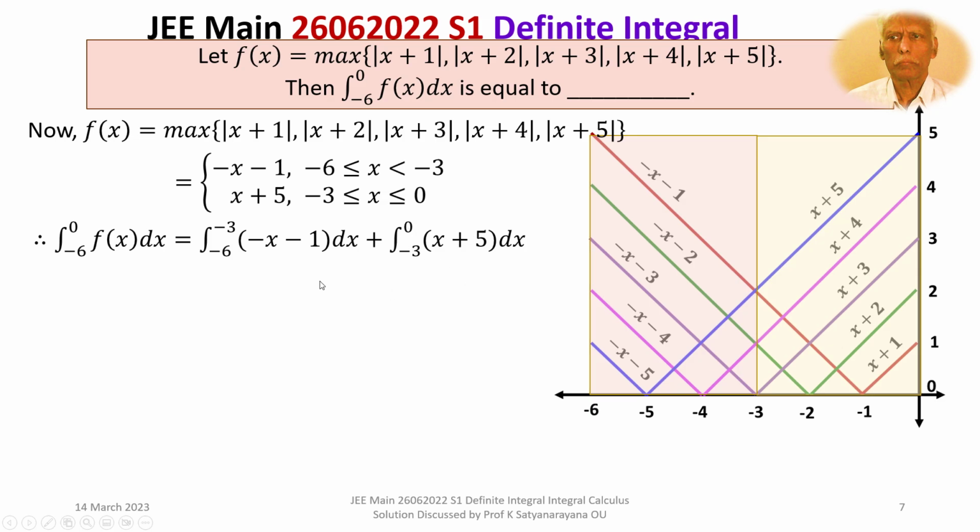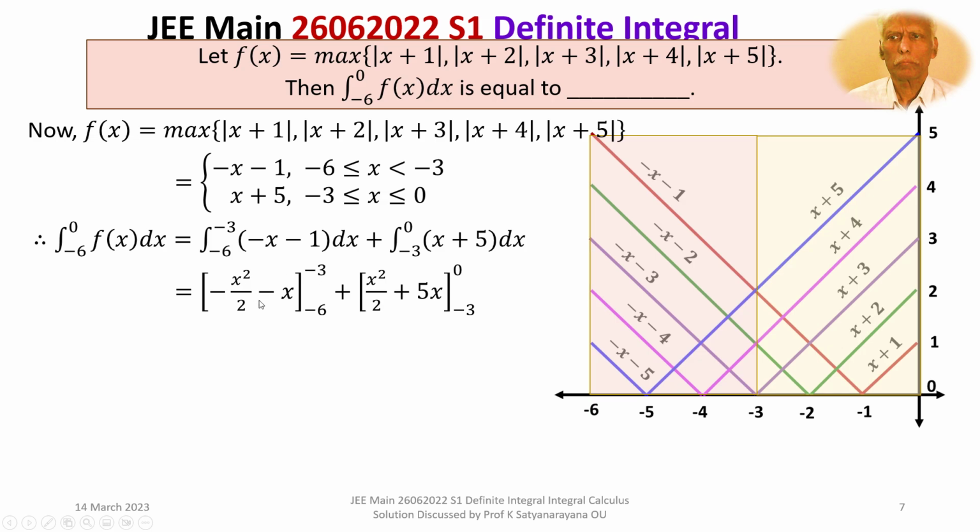Now it is a simple integration, substituting the upper limit and lower limit. The integral is minus x square by 2 minus x, evaluated from x equal to minus 6 to minus 3, plus x square by 2 plus 5x, evaluated from x equal to minus 3 to 0.